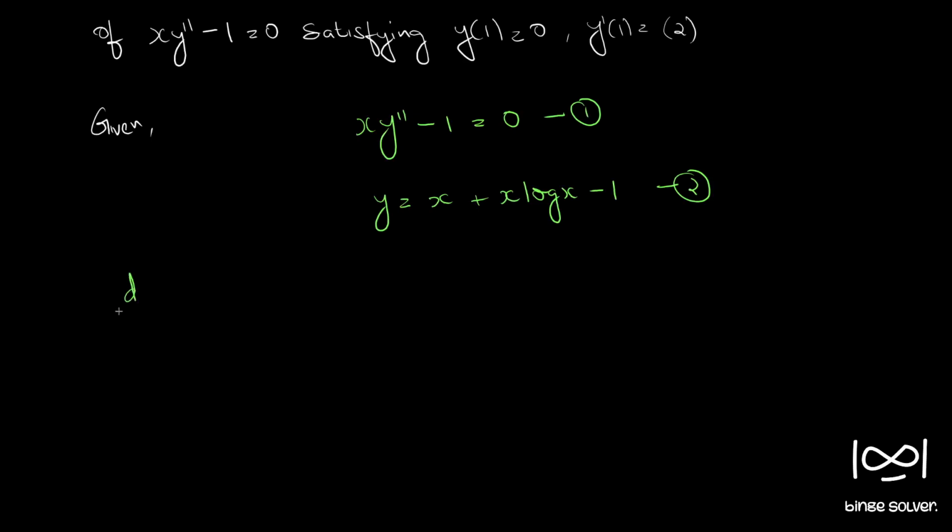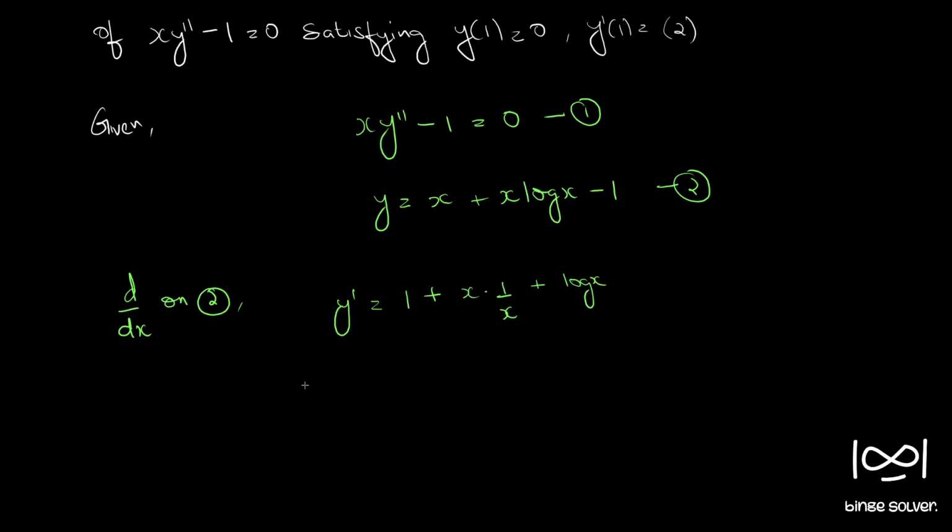So d by dx on 2, we get y dash equal to 1 plus, by the product rule, x into differential of log x, so 1 by x, plus log x into differential of x, 1, minus differential of 1 is 0.